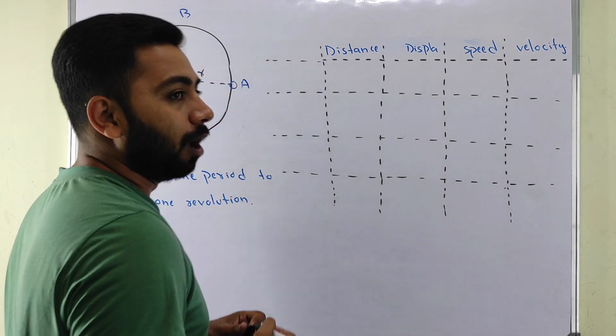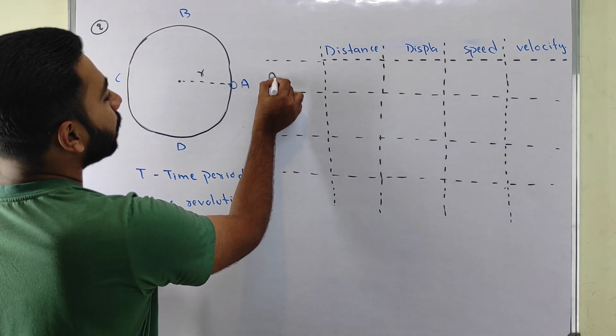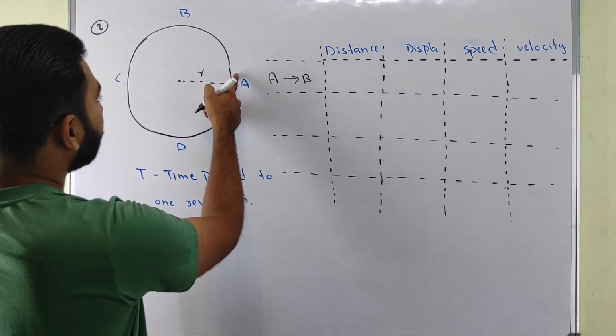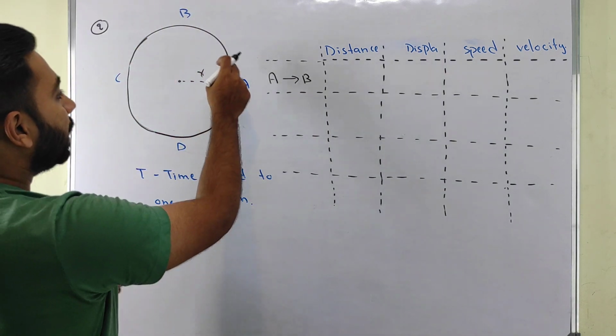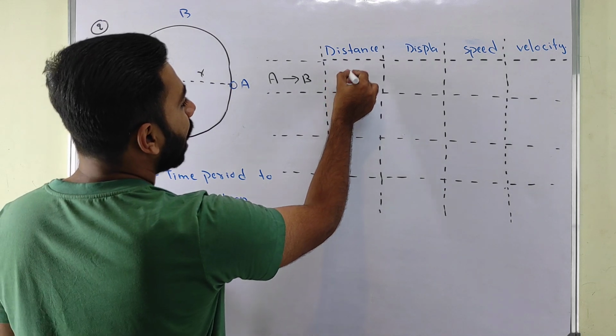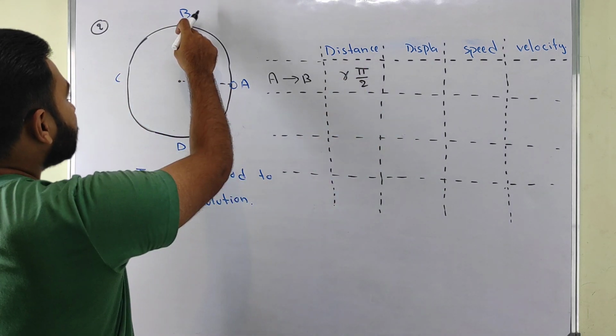Okay. Now let us say a particle is moving from A to B. When a particle moves from A to B, we know the distance covered is this much, and this distance is r pi by 2, and the displacement is this much.